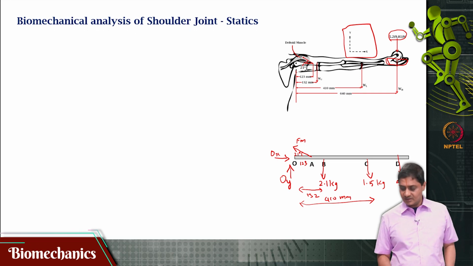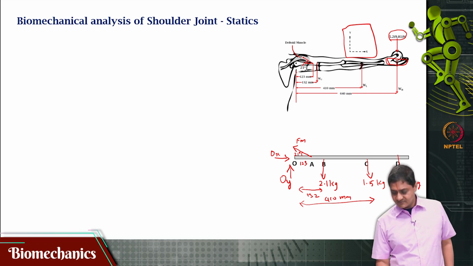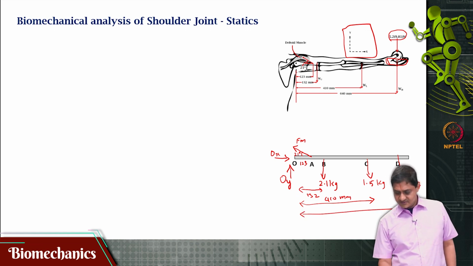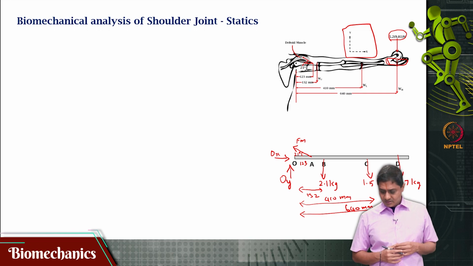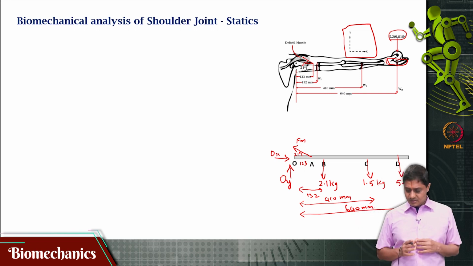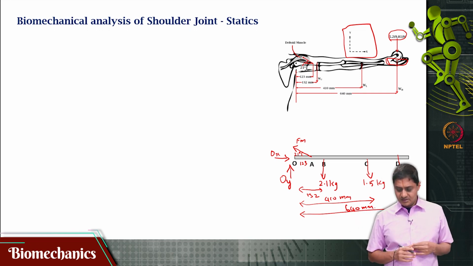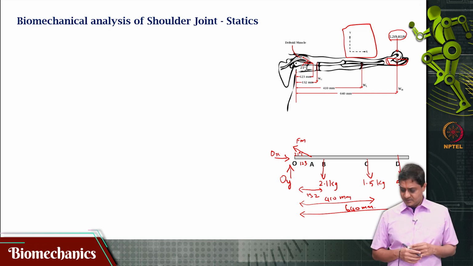I am adding the two and I am getting that mass as 5.7 kg, and it is acting at a distance of 640 mm, right. So, we are interested in finding Fm, right.